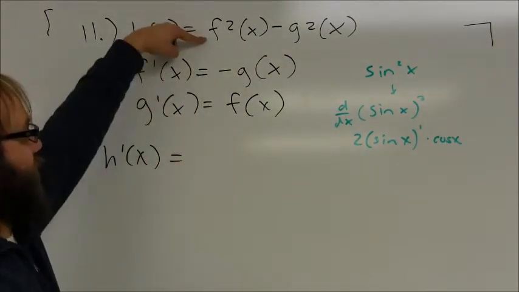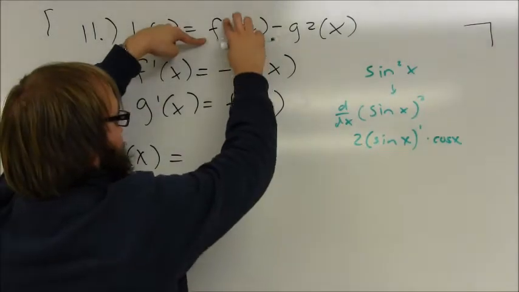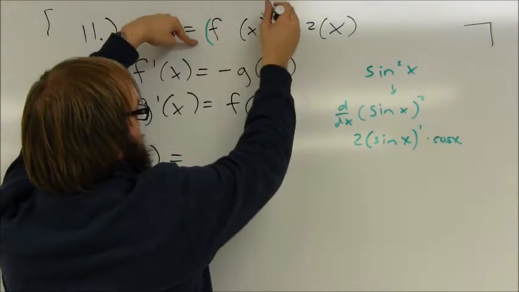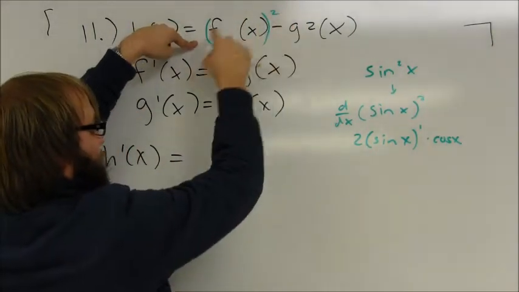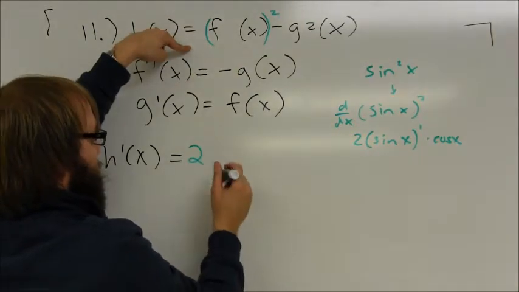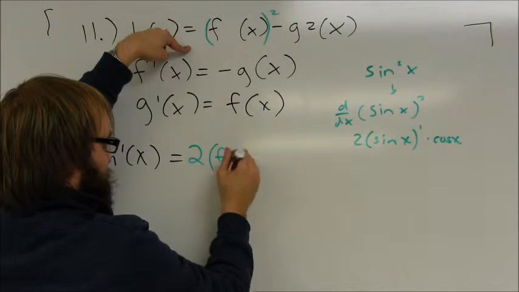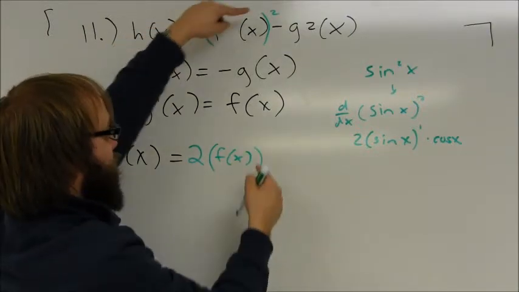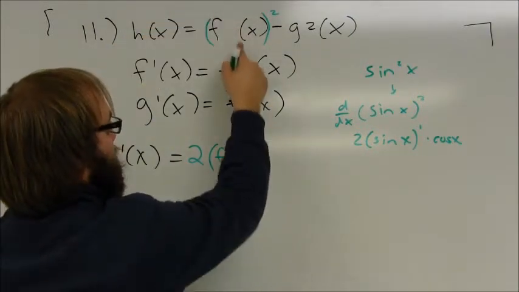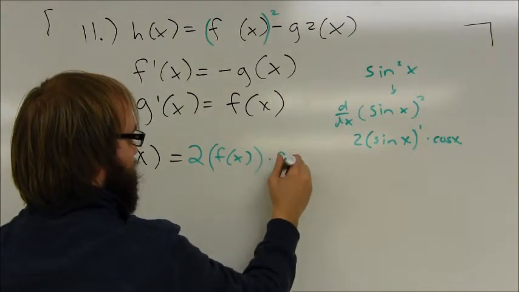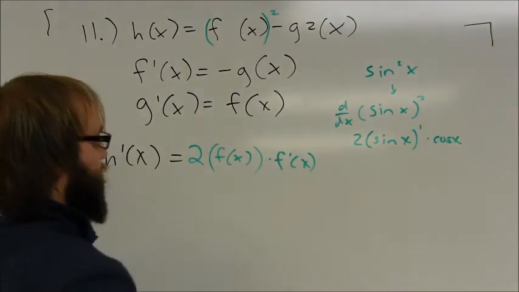Okay, so this is really the same thing as f of x quantity squared. 2 times the leading coefficient of 1 is 2. Inside function stays f of x. Power drops by 1 to 1. We multiply by the derivative of the inside function, which is f prime of x. Okay?